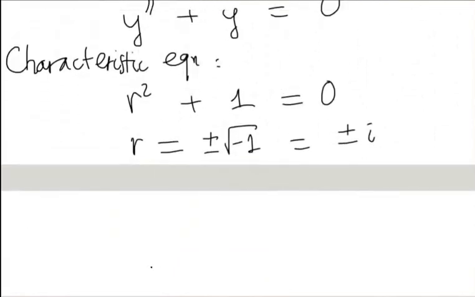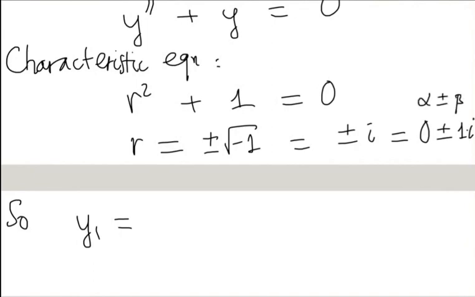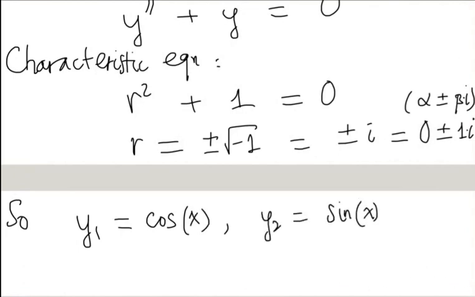Having complex roots, the two solutions y1 and y2 involve cosine and sine. Rewriting in the format alpha plus or minus beta i, plus or minus i is 0 plus or minus 1 times i. Because alpha is 0, there's no exponential, we only have sine and cosine, and beta is 1. So y1 is cosine of 1x and the second one is sine of 1x.